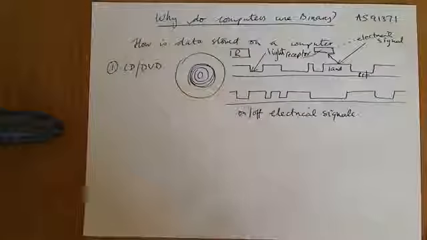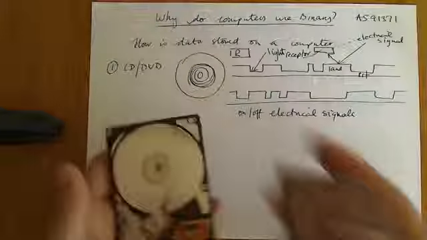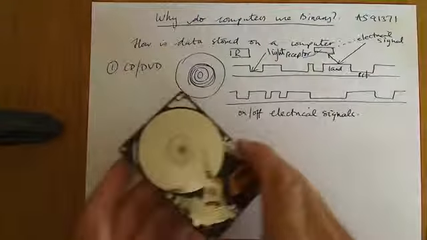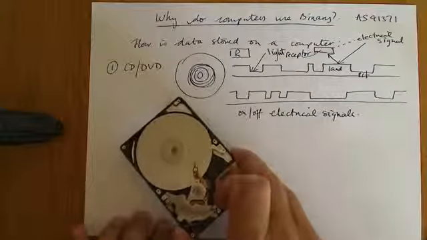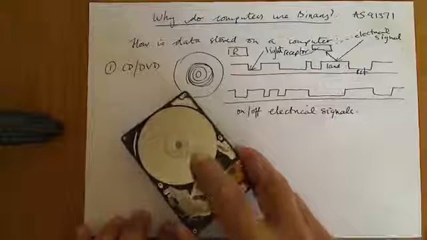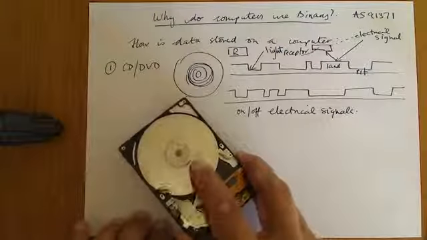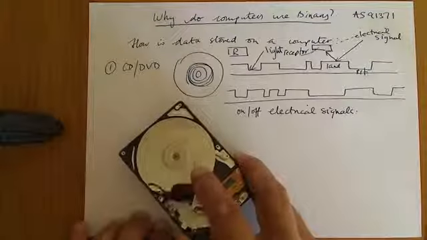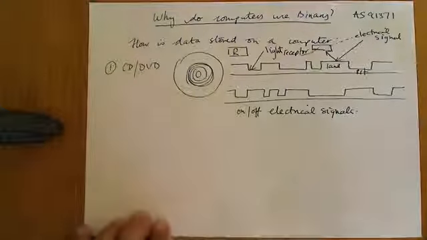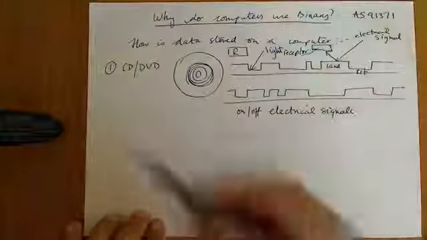Now if we go to a hard drive, we've got a laptop hard drive here. Don't take one apart at home. There's a metal disc in there. It looks like a CD drive, but it's made of metal. And you can see this wee little arm that's on there. Now, this is one that's broken, but that arm is actually a device that can read magnetism.